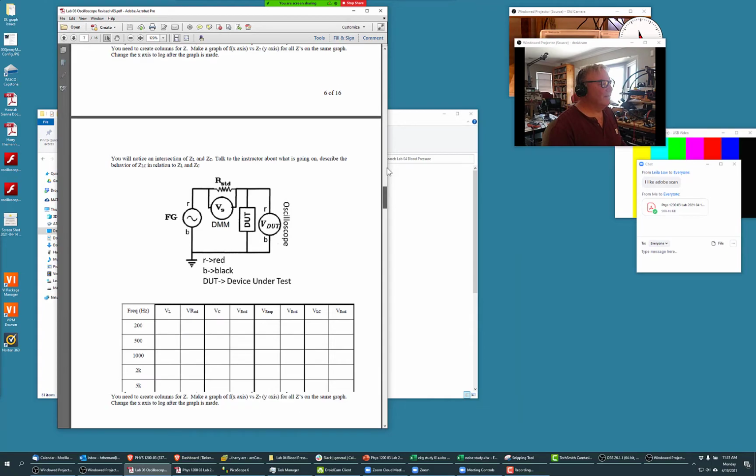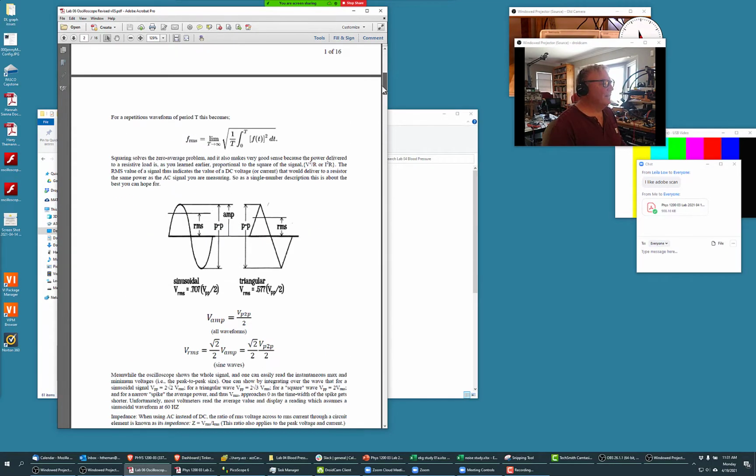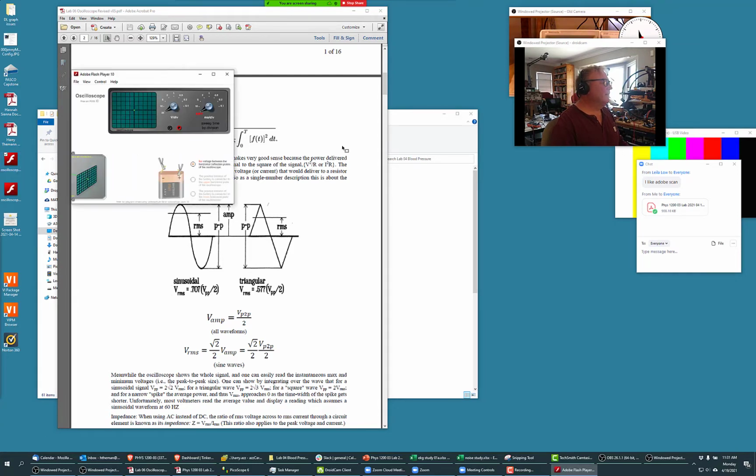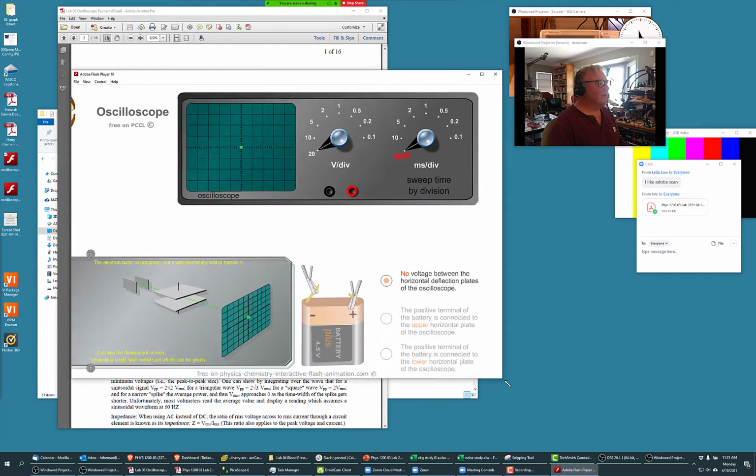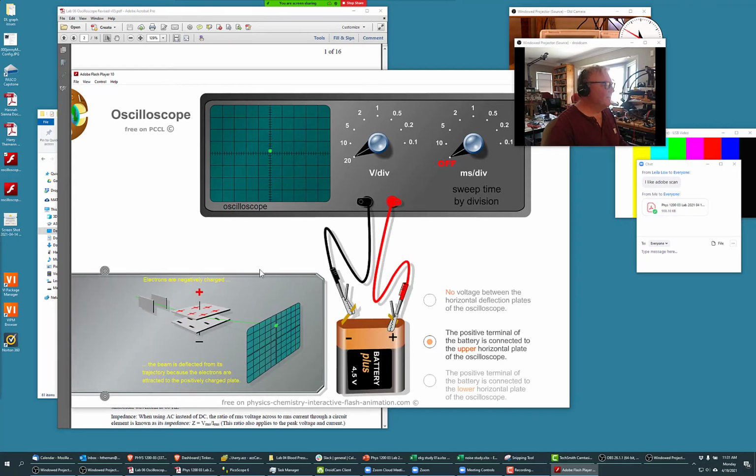Okay, so oscilloscope lab. All right, so hopefully you played with these sims. I got this one here. The bottom line is that an oscilloscope is basically a time-dependent voltmeter.